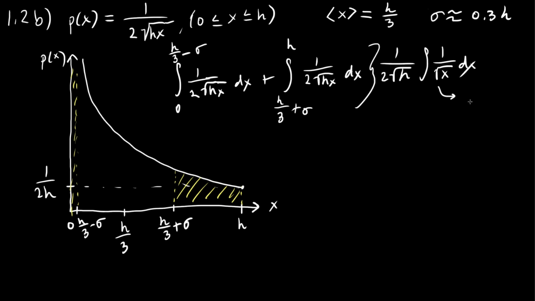This will be x to the 1/2 over 1/2, since we have to bring this up to the top and it becomes a negative 1/2.